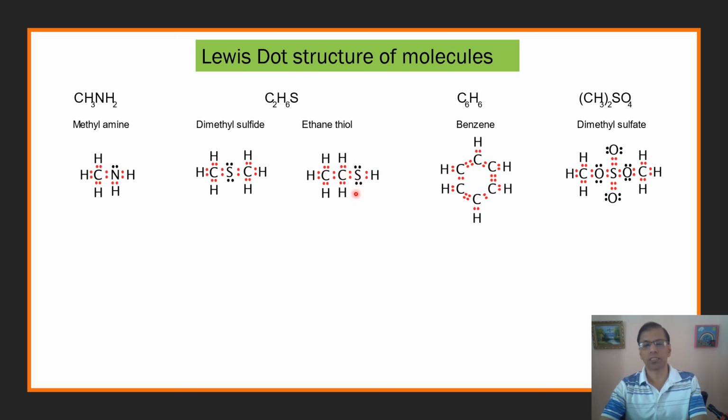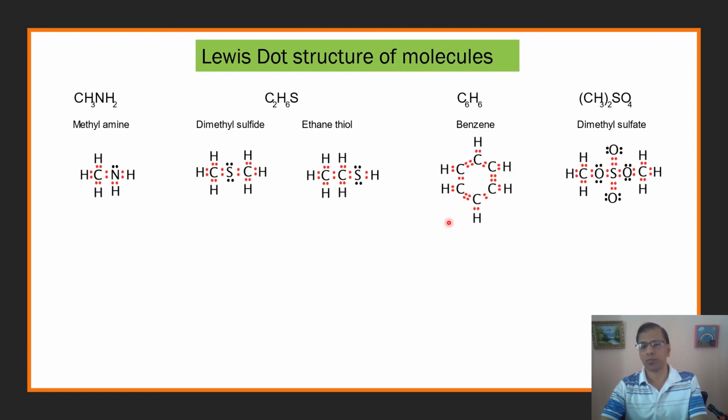In this case, the sulfur has two lone pair of electrons right here, and it has 2 unpaired electrons which can form bonds, one with hydrogen and the other one with carbon. And each carbon atom is around 4 atoms. Even this carbon atom is around 4 atoms, 1, 2, 3, and 4. So this is how you draw the Lewis dot structure of ethyl.